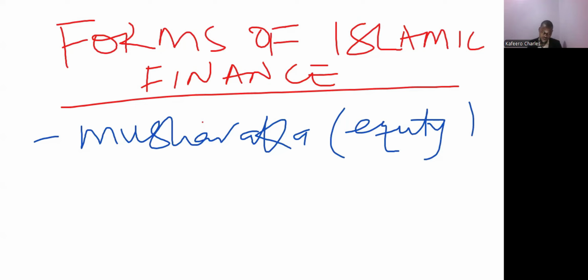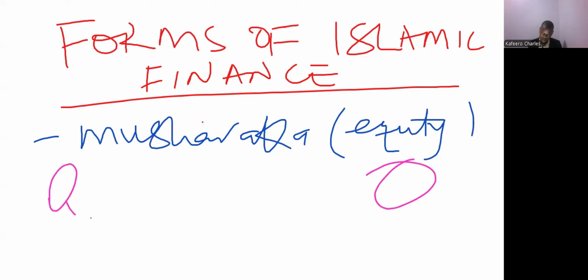One person is to bring capital and the other is bringing the skills, and they want to trade in non-prohibited activities. So we have two or more people, one person here and another person this side.